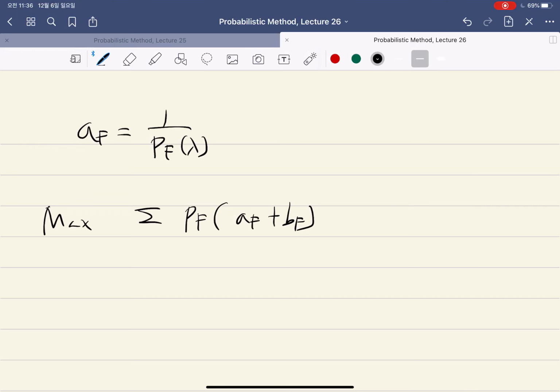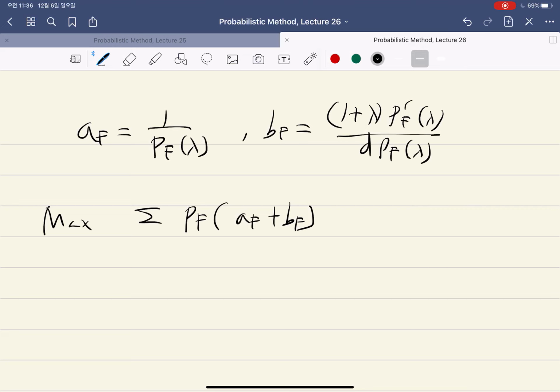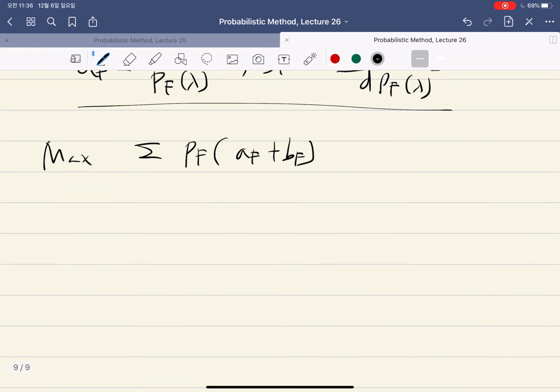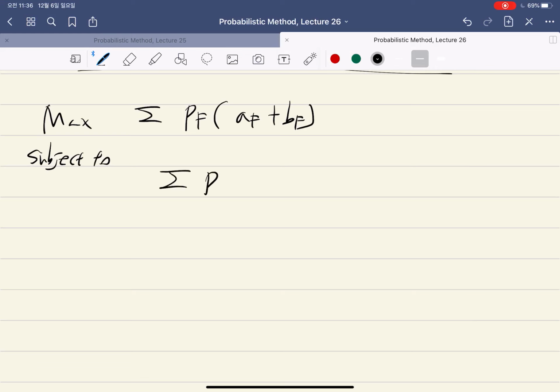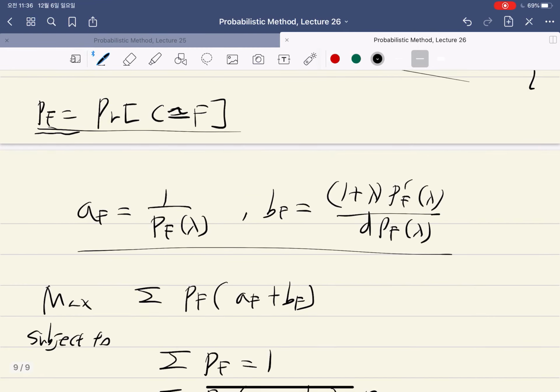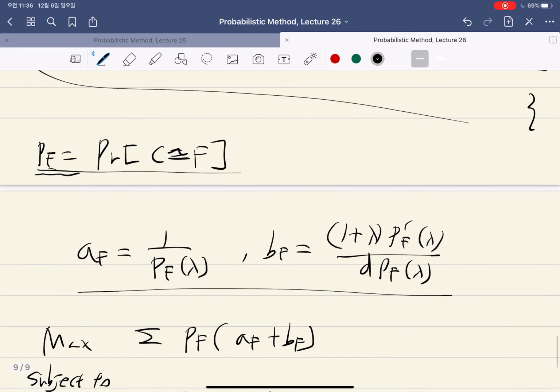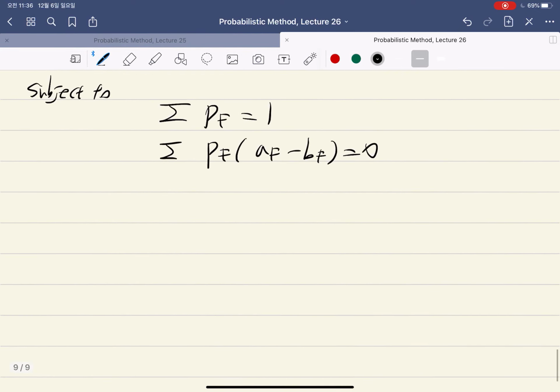Let's say this is AF and BF is 1 plus lambda P prime F lambda over D times P sub F lambda. Then we want to maximize this subject to summation of PF is 1, summation of PF times AF minus BF equals 0, which is ensuring this second one, and all of PF are non-negative.